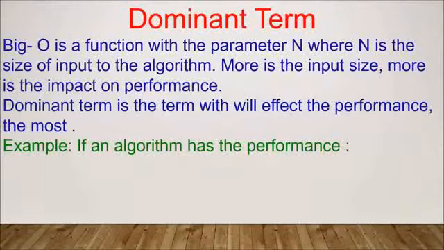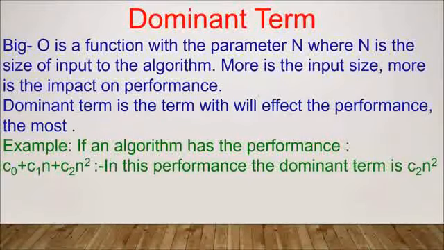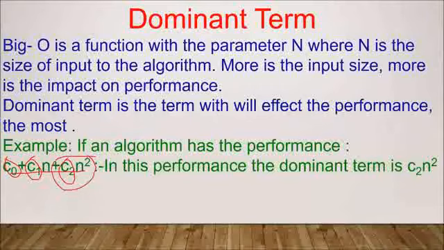So for example, suppose an algorithm has performance C0, C1 n and C2 n square, where n is the term and these C values are constants, meaning the time required for any particular statement. In this case, the dominant term will be n square, because the result will mostly depend on n square. That is why the dominant term is C2 n square.